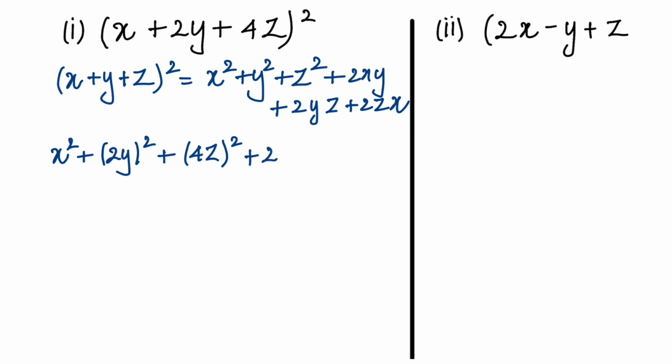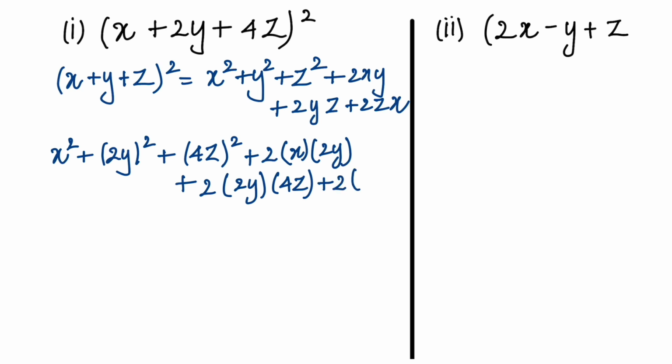Plus 2 into x here is x itself and y here is 2y, plus 2 into y here is 2y and z here is 4z, plus 2 into z here is 4z and x.